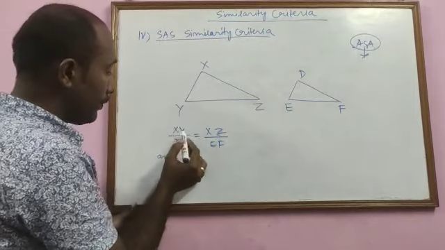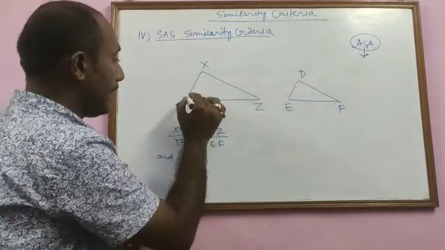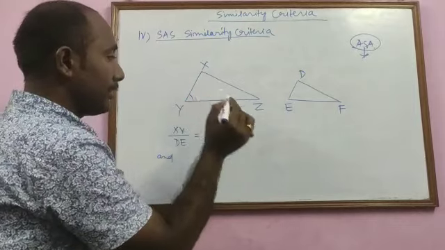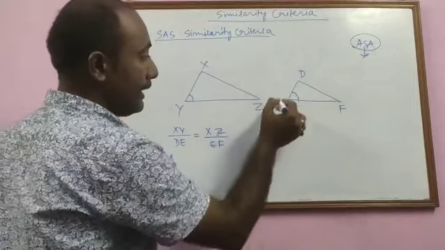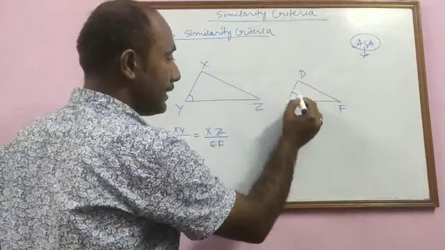The angle between XY and YZ is this angle. Here it is DE, EF, and the angle between DE and EF is this angle.